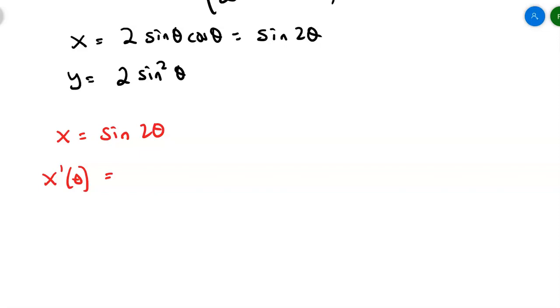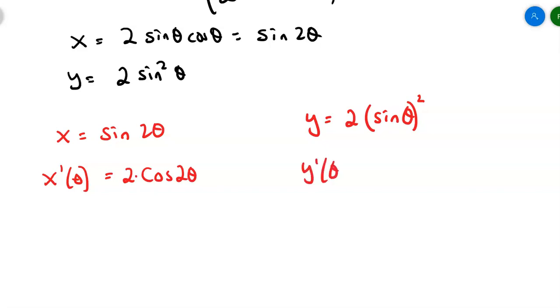what? Well, the derivative of sine is cosine, so I'll get cosine 2 theta times 2, right? Don't forget the chain rule. If y is equal to 2 times, I'm going to write my sine squared theta as sine of theta squared, then y prime of theta is going to be 4 sine theta to the first times the derivative of the inside. Well, the derivative of sine theta is cosine theta.